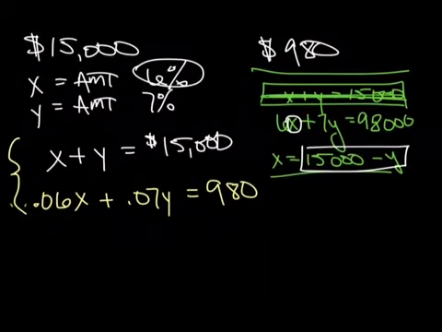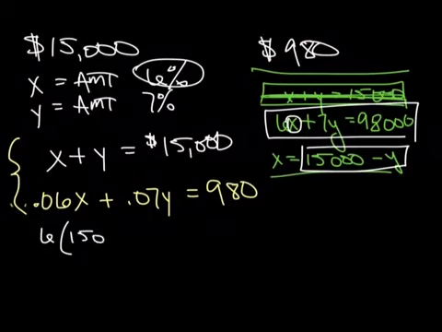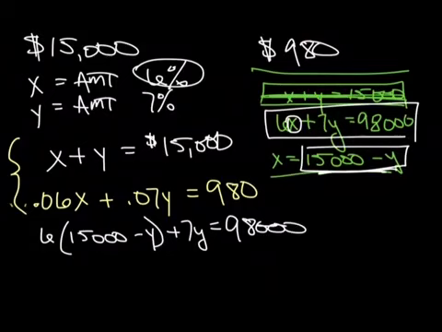Alright, so now instead of writing this, I'm going to put the 15,000 minus y in the x's place. I'm going to go clear over here to the left as I do that. So 6 times, so see what I did? I just replaced this x right here with that.